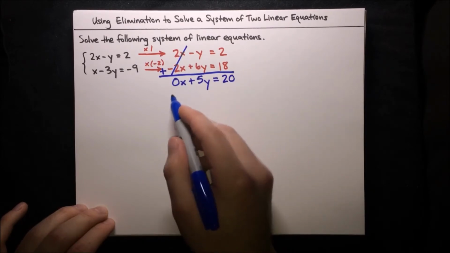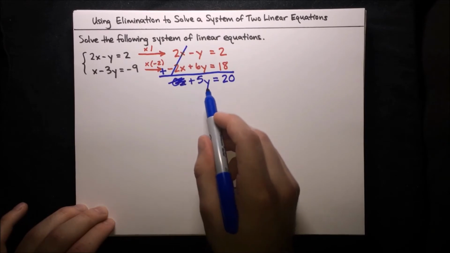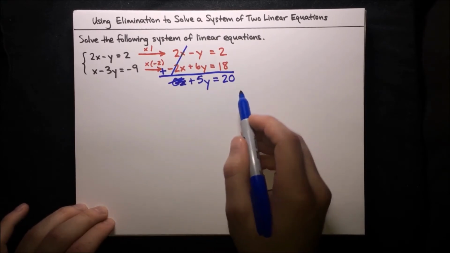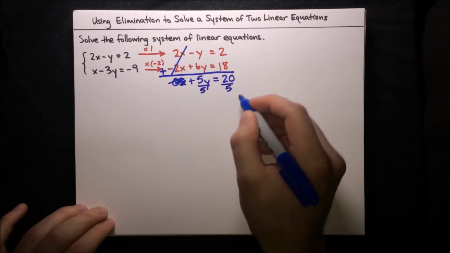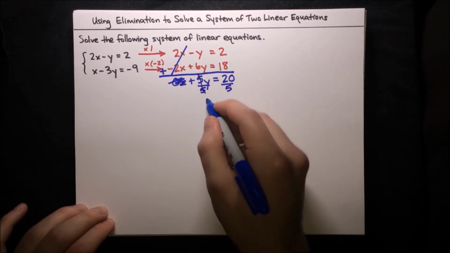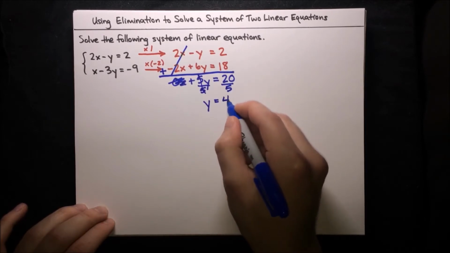So 0x, we can just scratch it out, and we just have 5y equals 20. So to solve for y, we can just divide both sides by 5. That will cancel with that 5 on the y, and we'll just get y equals 20 divided by 5, which is 4.